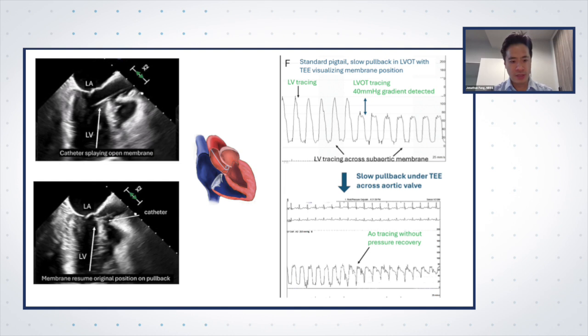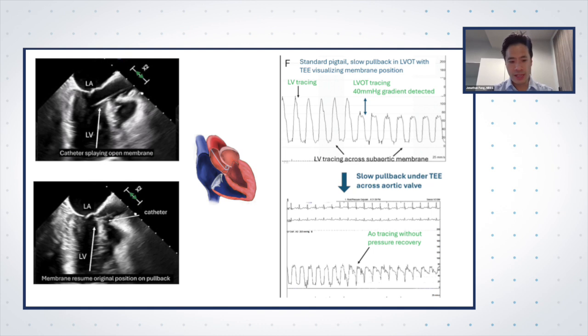And intriguingly, we can see that when the catheter passes through it, it opens the membrane. And we think this is the reason we didn't detect any pressure gradient with the more common method of using a dual lumen catheter, or rather a more convenient method.